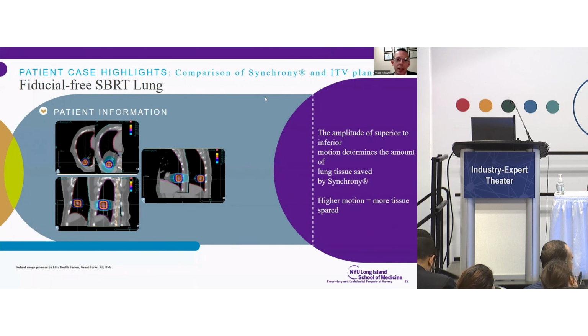So here's an example again of a fiducial-free SBRT lung case, and you can look on the left-hand side of the screen is a track, detect, correct synchrony case, and on the right-hand side you see a lot more dose spillage and larger margin, because that uses an ITV. So we see a lot of tissue sparing when we do fiducial-free lung tracking. We are actually tracking, detecting, and correcting for tumor motion.